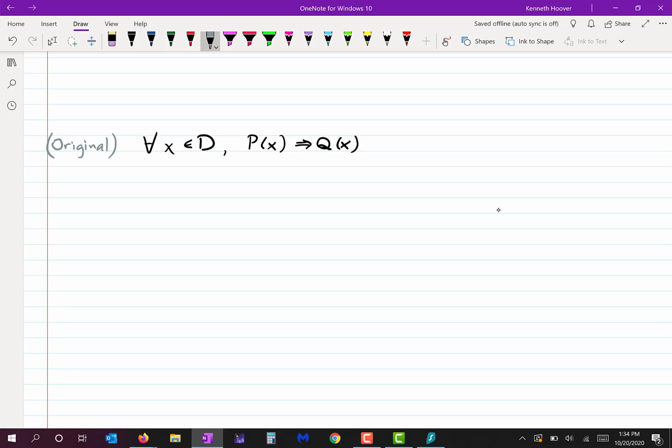Now, this is called the converse. For all x in D, Q of x implies P of x.